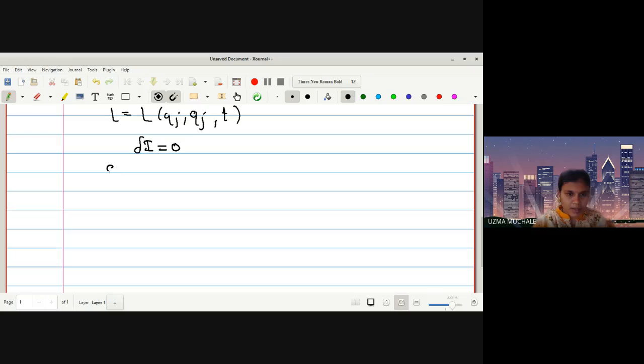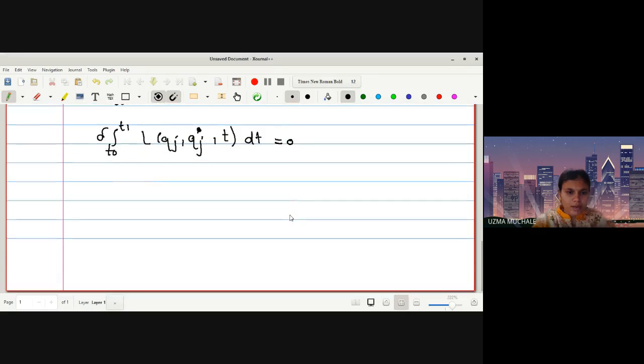So now let me find the delta variation in the value of our integration I, which is equal to 0. Okay, so the delta variation of the integral of L, where L is a function of qj, qj dot and t, dt, equals 0.